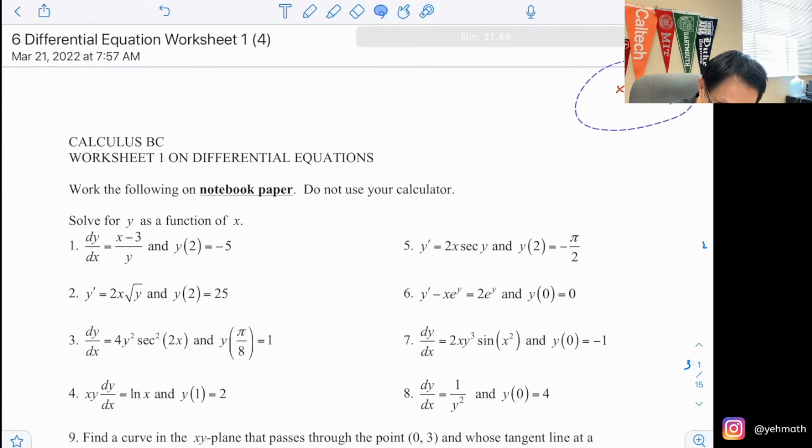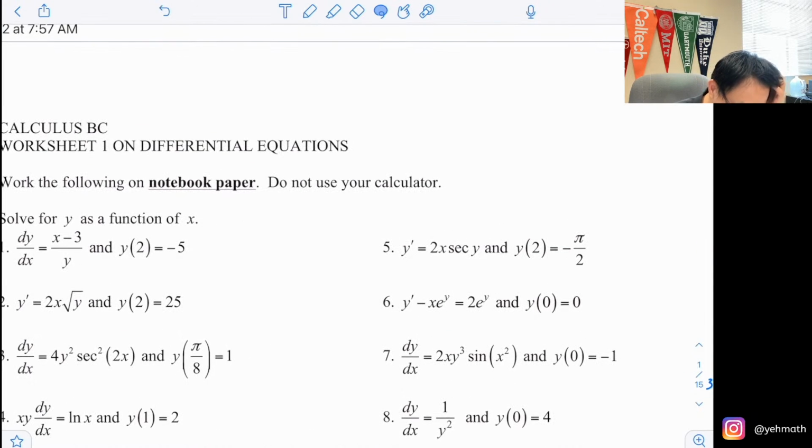Okay, so you're going to say, hey, how do I do the first one? dy over dx is equal to (x minus 3) over y. Does that make sense? Yep, this is the first question on your homework. I'm going to multiply both sides by dx.